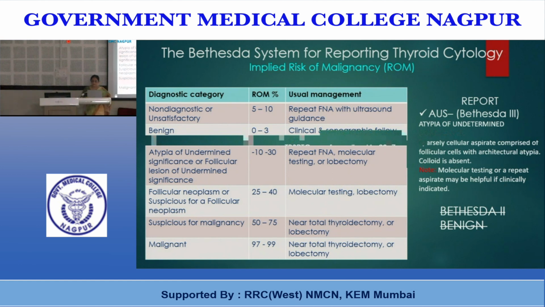Another thing we have to note is that in these 2 indeterminate categories we have two names, AUS plus follicular neoplasm, suspicious for follicular neoplasm. These are synonyms. Just remember that these are synonyms, and a consensus was not made by the experts while framing this system, and so they remain like that.